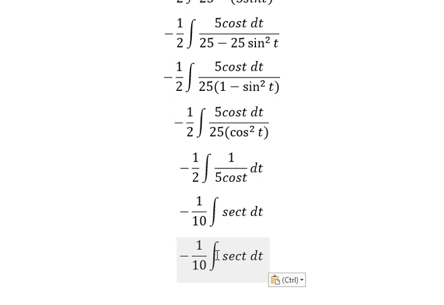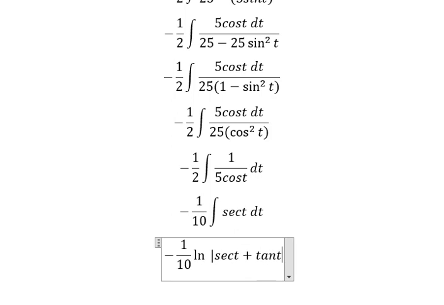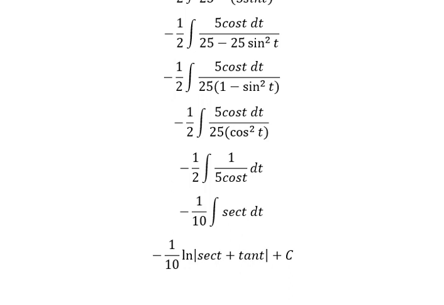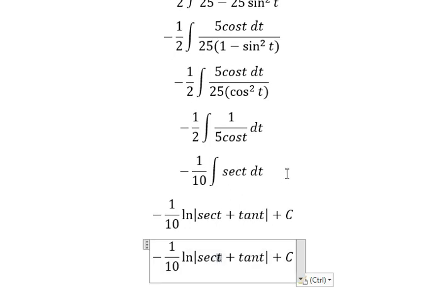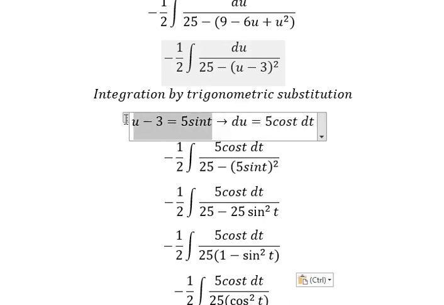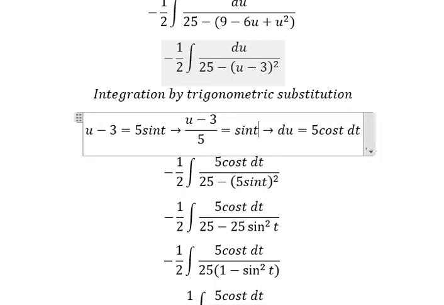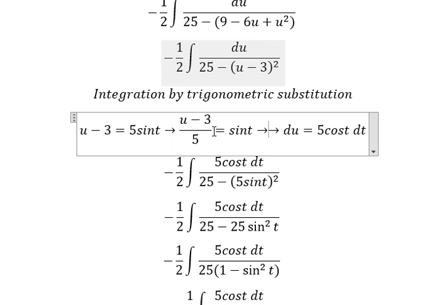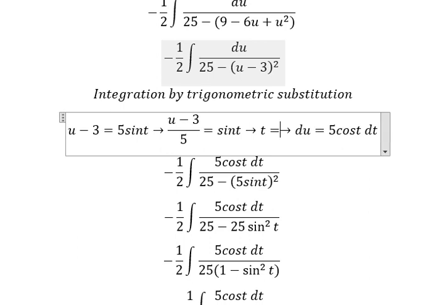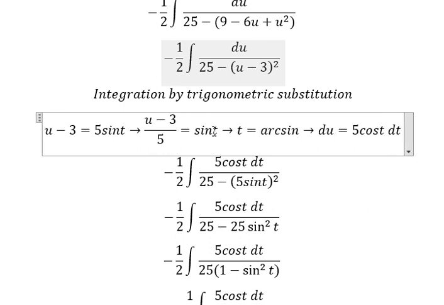The integration of this one is ln of the absolute value of secant t plus tan t, plus c. About t, that is this one. So we divide both sides by 5, and we can find the value of t, that is arcsine of this one.